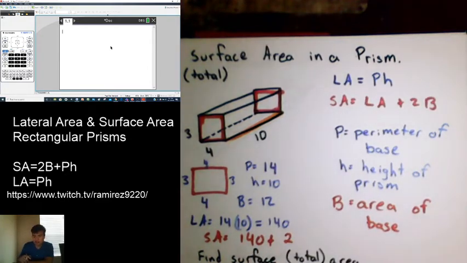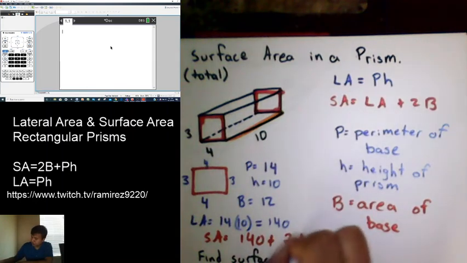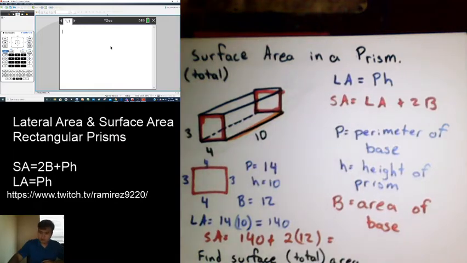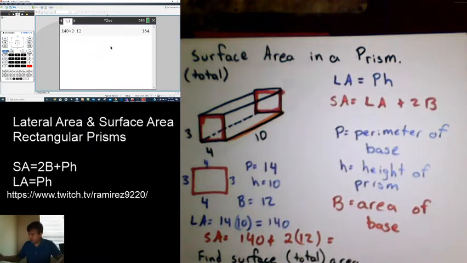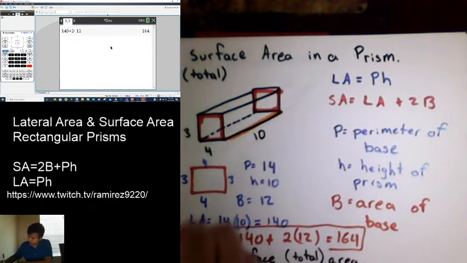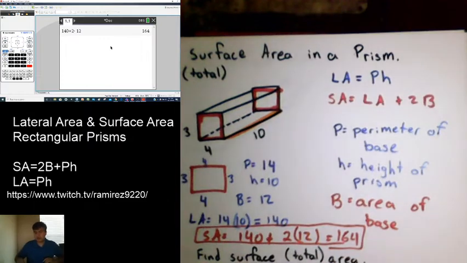And the reason there's 2B is because there's 2 bases. So 2 times 12. 140 plus 2 times 12, so that's 164. And the total surface area is 164.